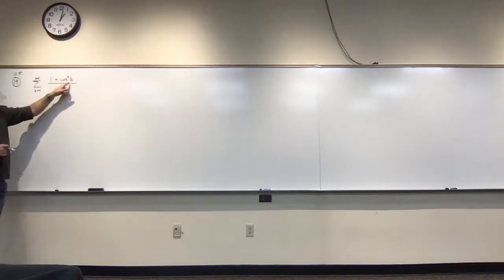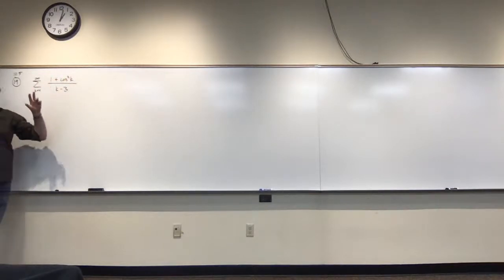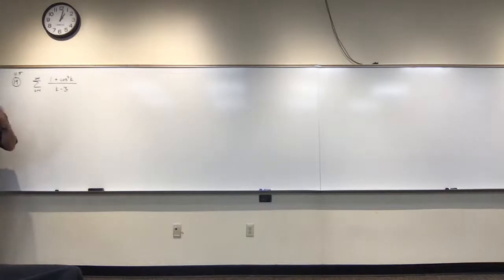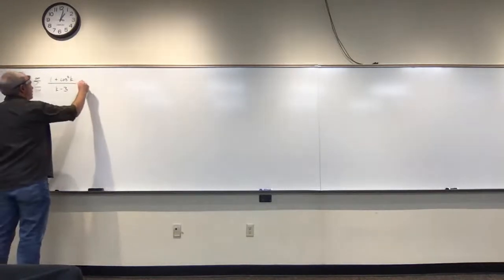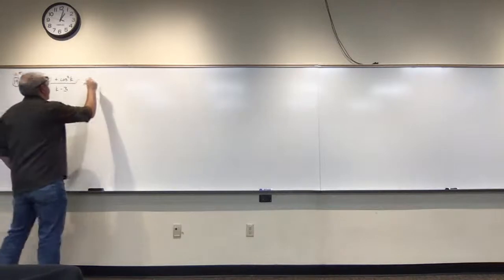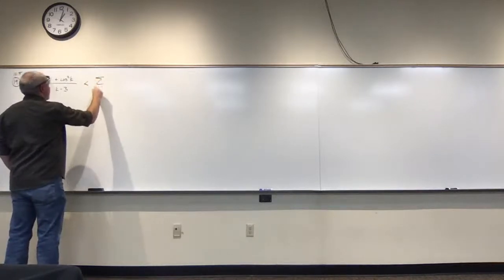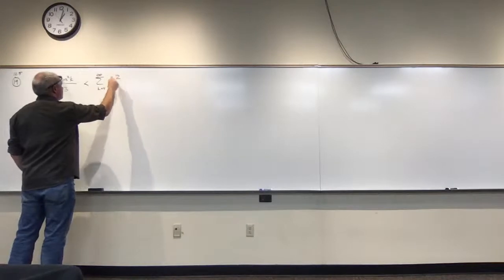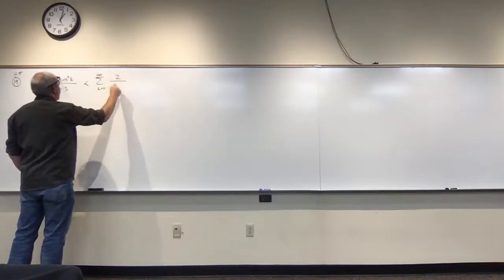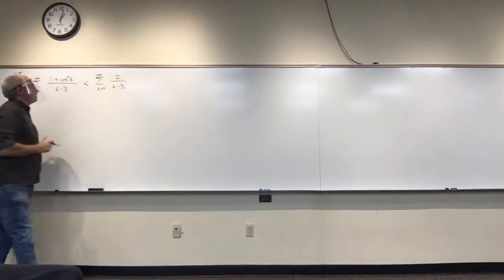Like cosine squared of k, the smallest that could ever be is 0, because it can't be negative. And the biggest it could ever be is 1. So would you agree with me if I said the following, that this is strictly less than the sum k going from 4 to infinity of 2 over k minus 3?